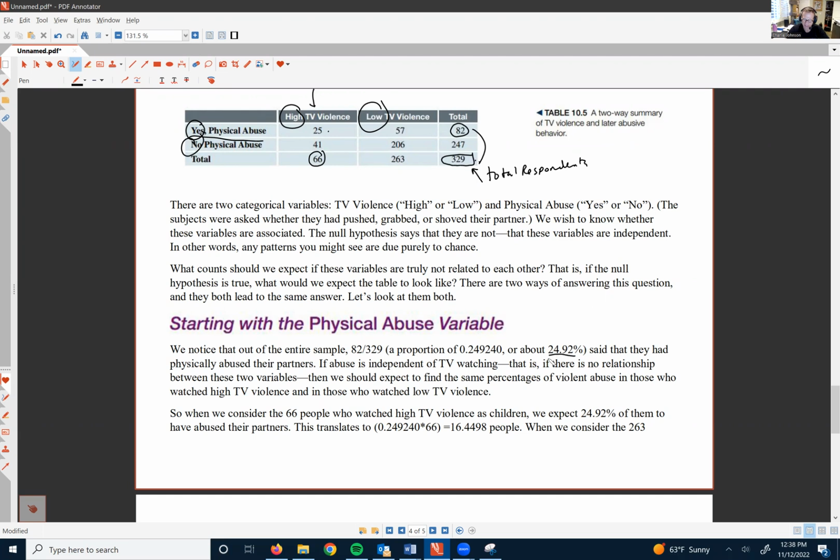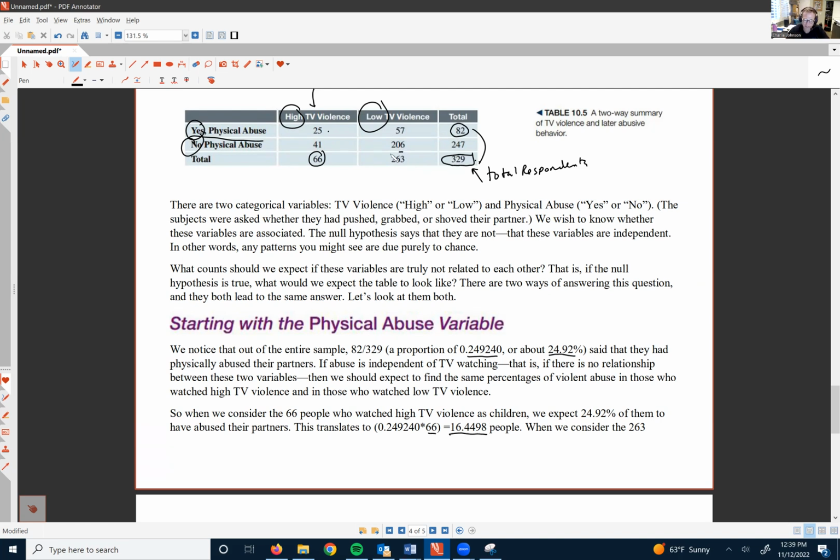So this translates into 24.92% of that 66, but we're using this number, 82 divided by 329, which is 0.249240, times 66, which is 16.4498 people. So if there was no association with the variables, we would expect 16.4498 people who watched high TV violence as children to have abused their partners.